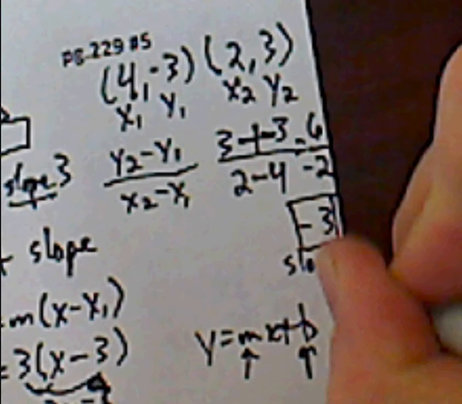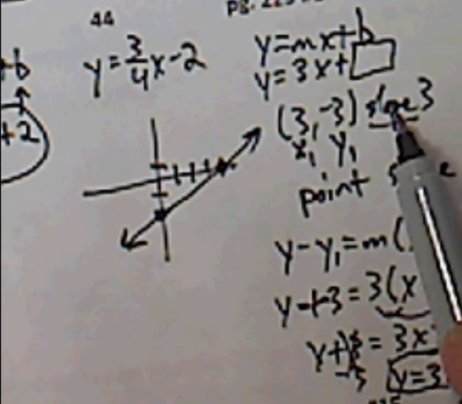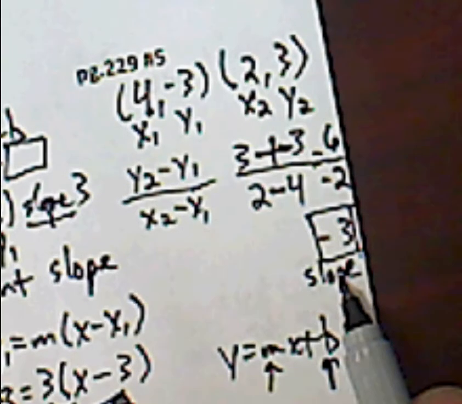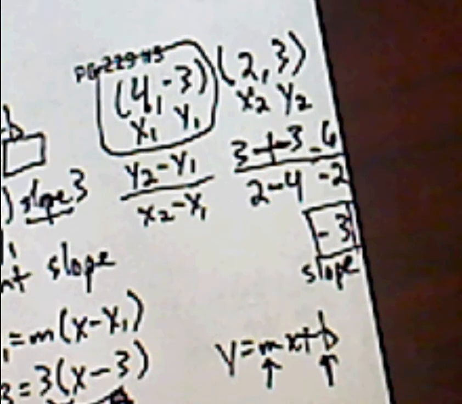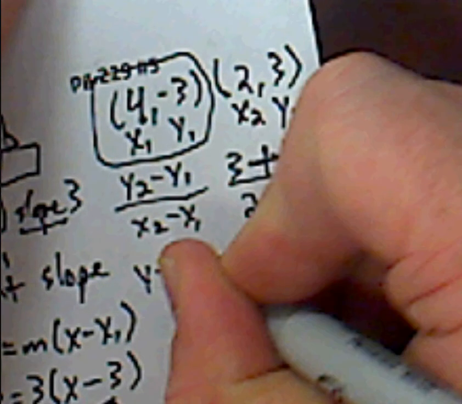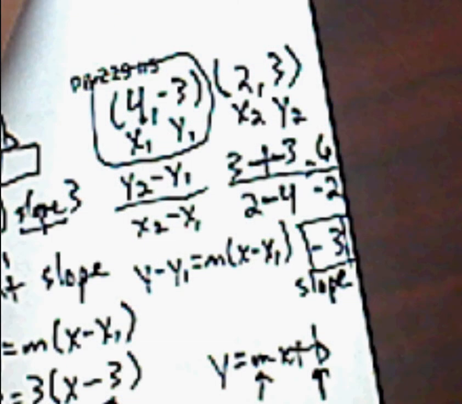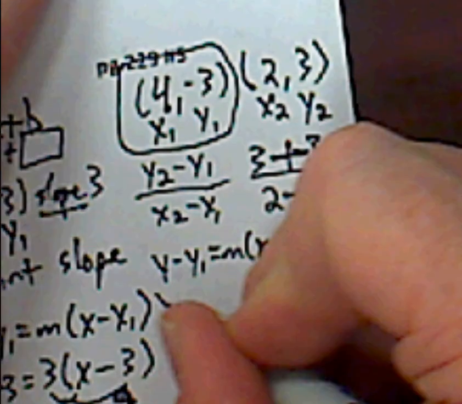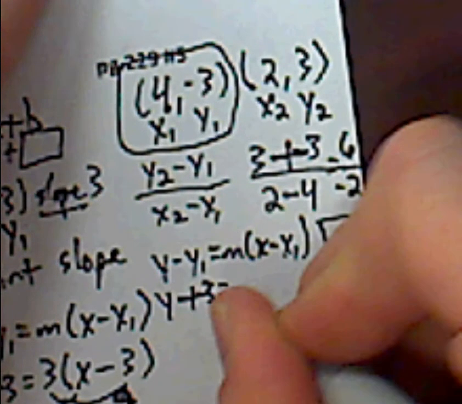My slope is -3. Hey, now we're actually back over here to where I know what my slope is and I'm given a point. This is my slope. This is my point. So, if I'm given a point and a slope, I'm going to use point-slope. y minus y1 equals m times x minus x1. So now I just need to plug in my information. I have y minus, my y1 is negative 3, so that becomes plus 3.